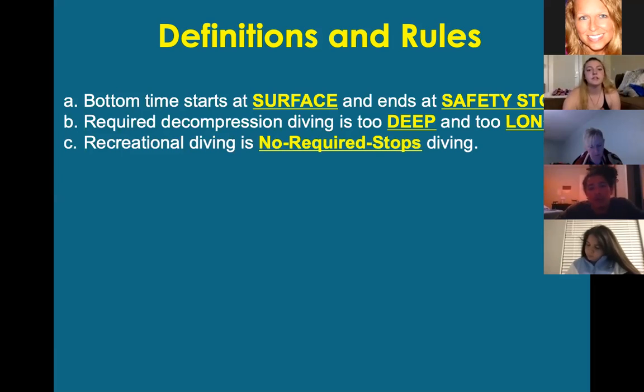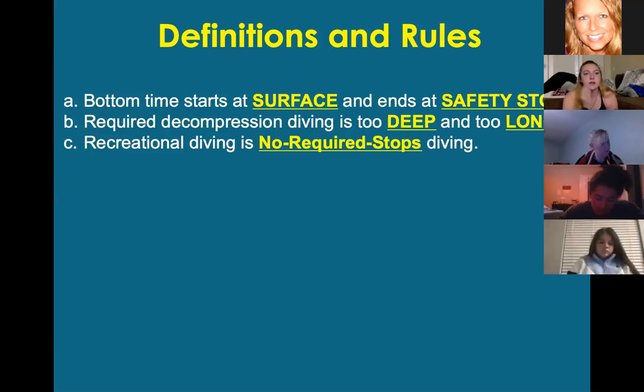And then recreational diving is no required stops diving. That's not referring to your safety stop. It's referring to decompression stops, not having to spend multiple stops decompressing.